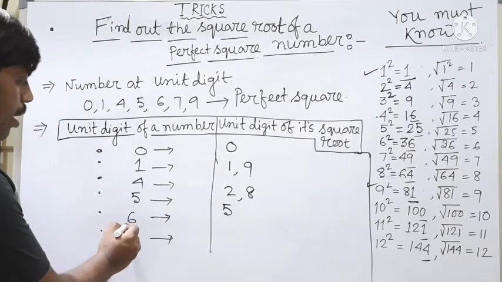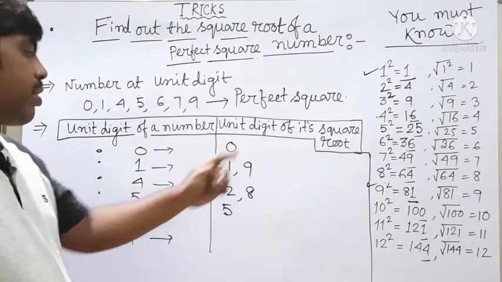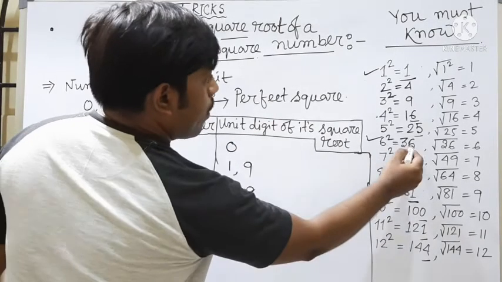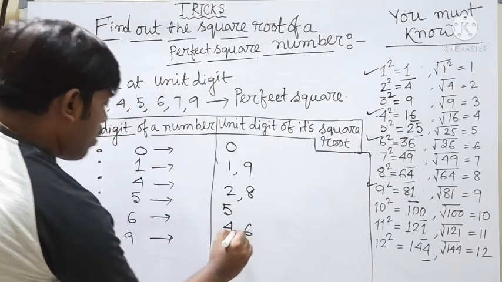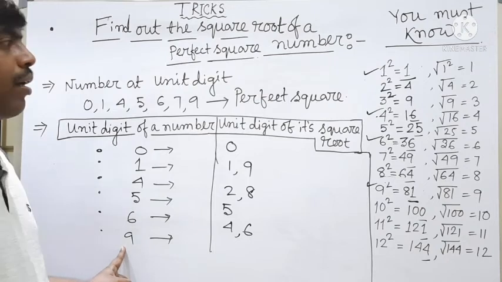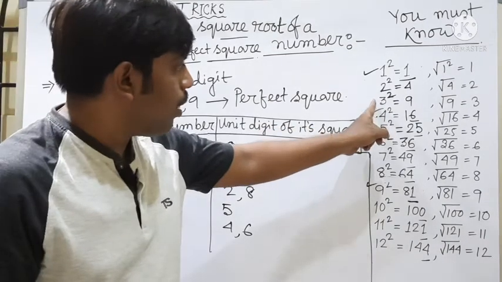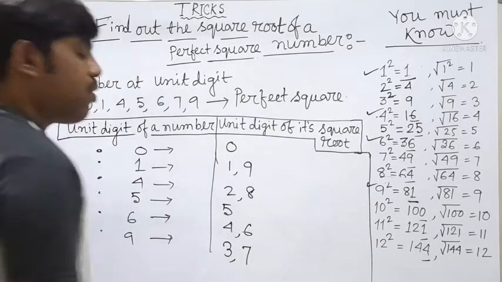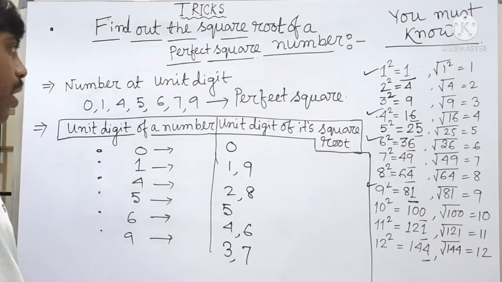If a number ends with 6, then its square root's unit digit will be 4 or 6. If a number ends with 9, then obviously its square root's unit digit will be 3 or 7. So I think you have learned it very well.